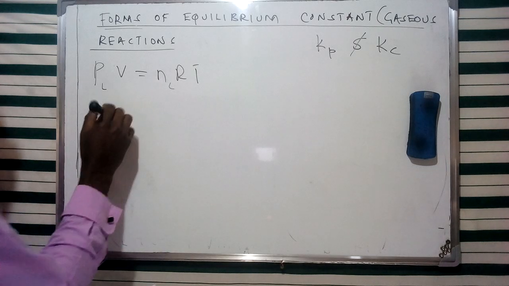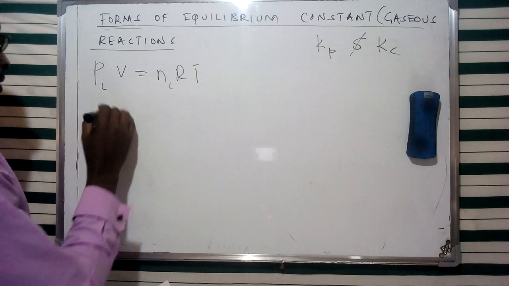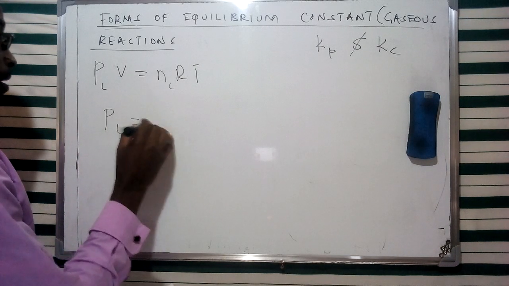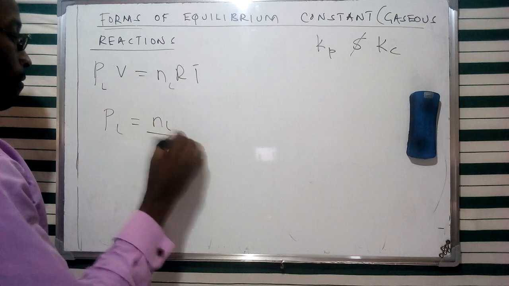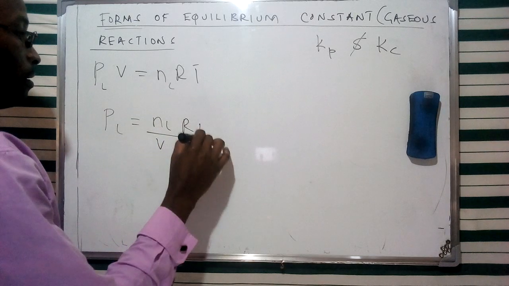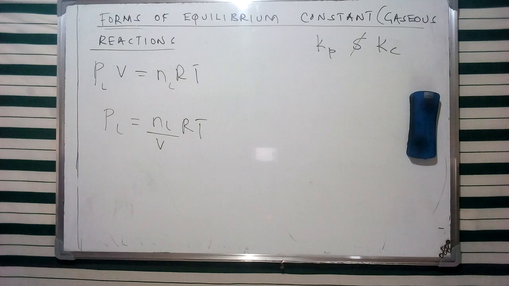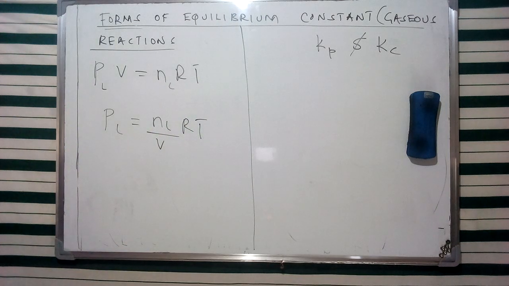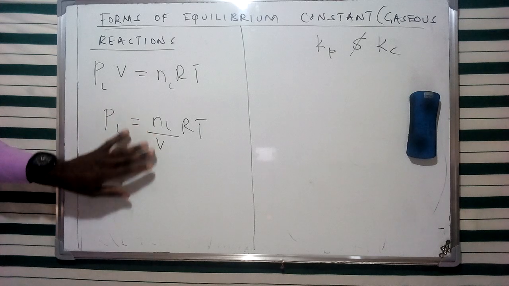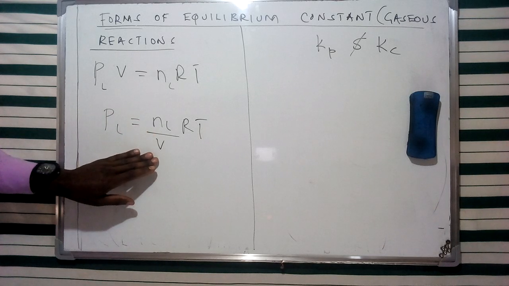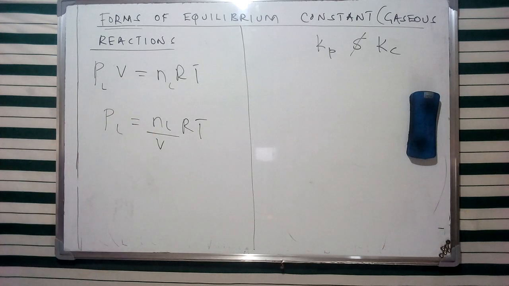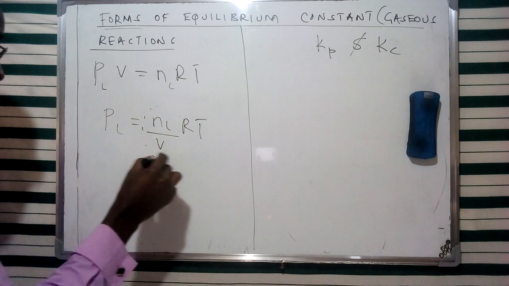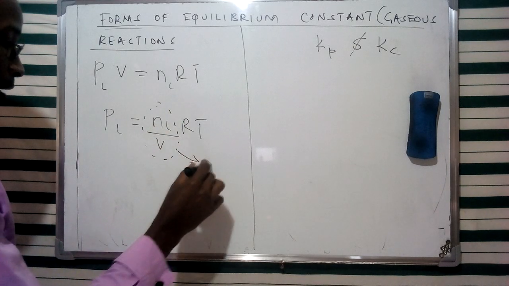So we can consider this partial pressure as P equals n_L over V times RT. And from the molar concept, we can see the ratio between the number of moles and the total volume as concentration. So this first part of the equation describes the aspect of concentration.